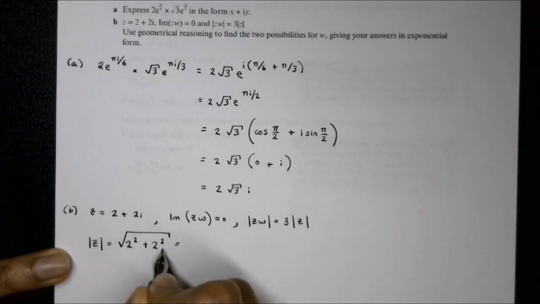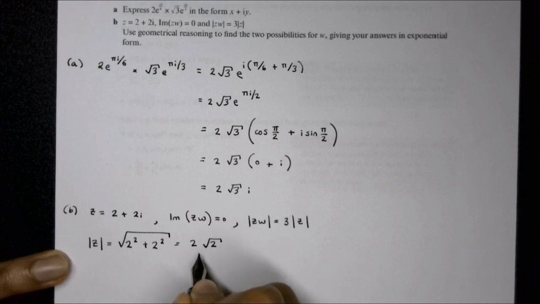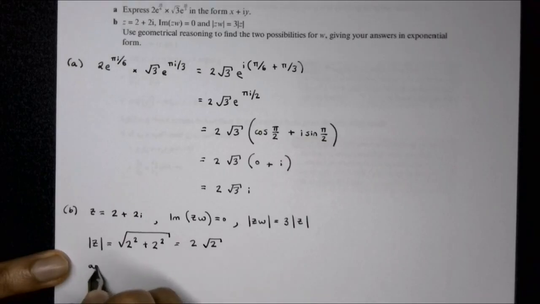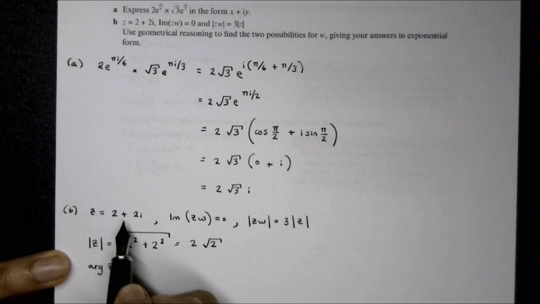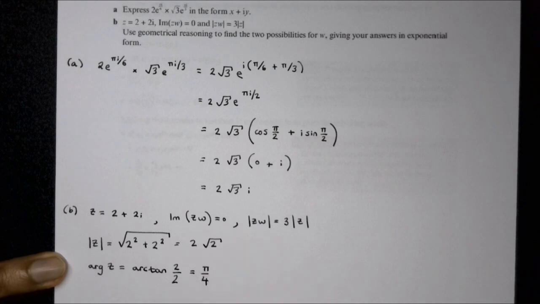We have over here 4 plus 4, which is 8, square root 8, that's 2 root 2. And for the argument of z, you'll first of all notice z lies in the first quadrant, so the argument of z is equal to the inverse tan of 2 over 2, which is pi over 4 radians. We'll leave that alone for a second.